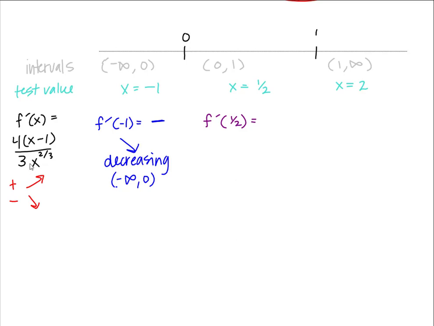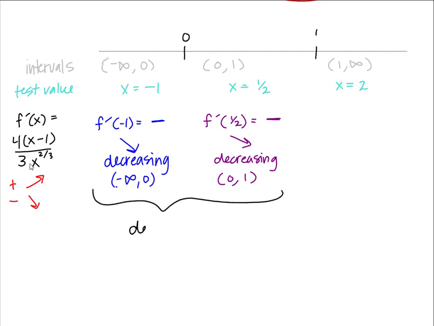So negative over positive is again negative. So again, we are decreasing on this interval from 0 to 1. So it stands to reason that we are decreasing everywhere from negative infinity to 1. We just merge those 2 intervals together.